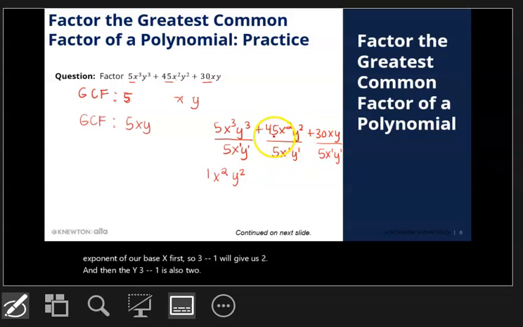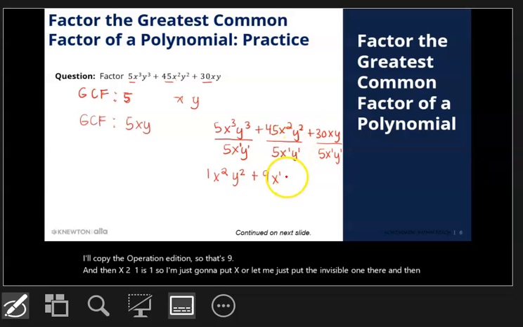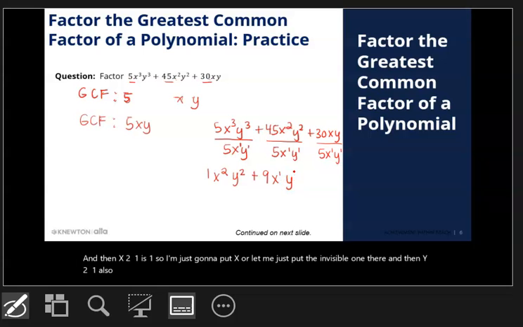And then here, 45 divided by 5 is going to be 9. I'll copy the operation, addition. So that's 9. And then x, 2 minus 1 is 1. Let me put the invisible 1 there. And then y, 2 minus 1 also is 1.